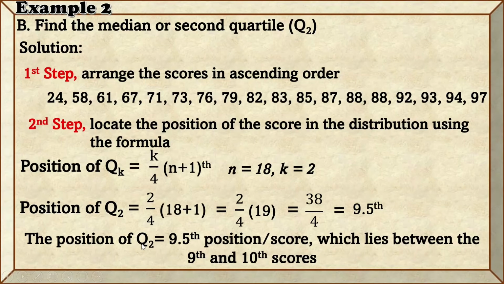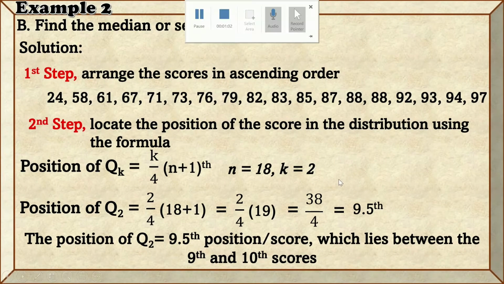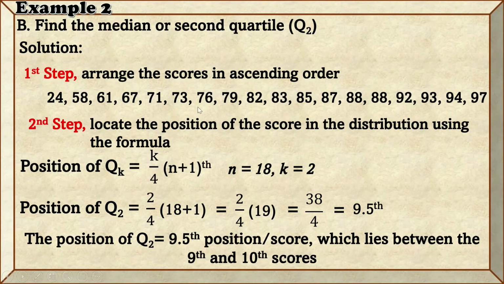The position of second quartile is 9.5 position or score, which lies between the 9th and 10th scores. So, saan ba yung 9th and 10th scores natin sa data? So, start tayo sa first score, first, second, third, fourth, fifth, sixth, seventh, eighth, ninth. So this is the 9th score and the 10th score.